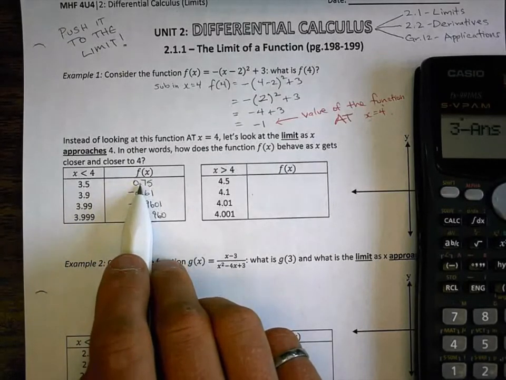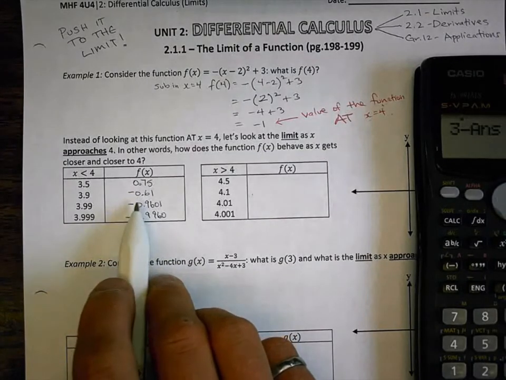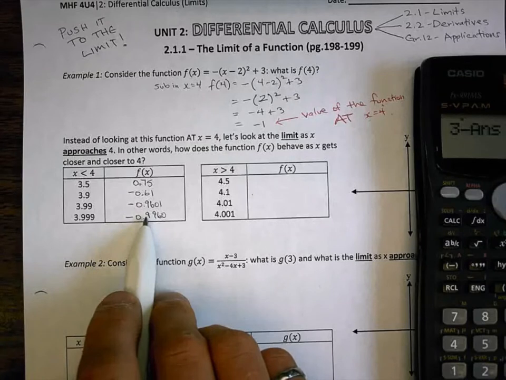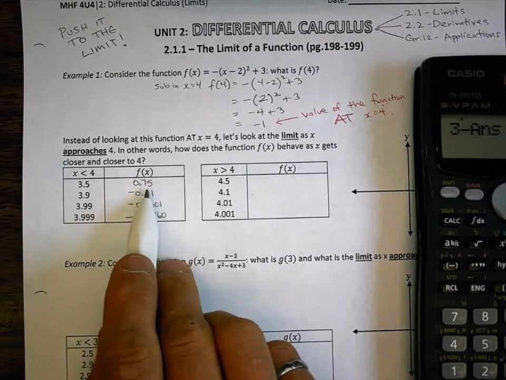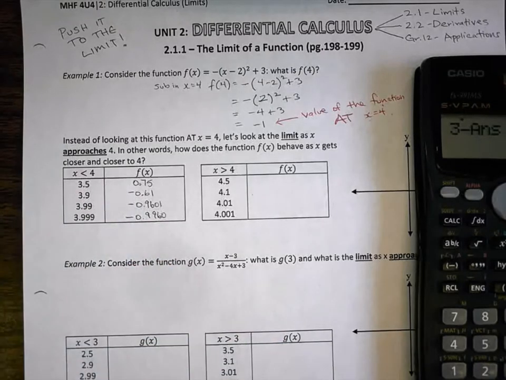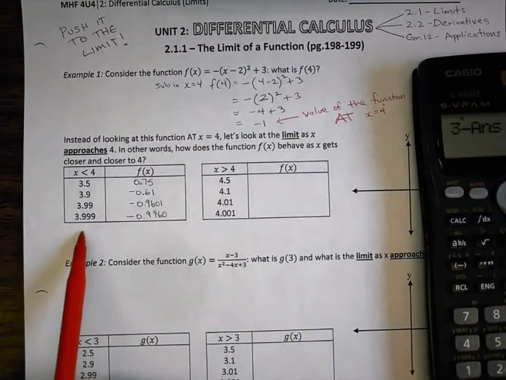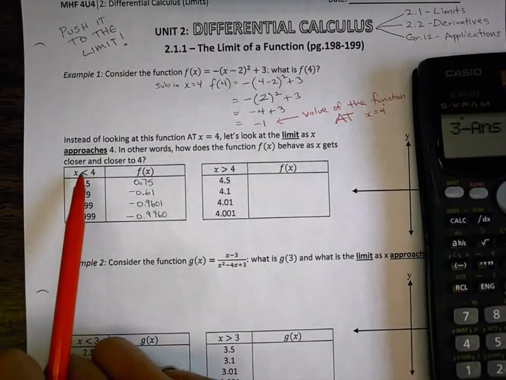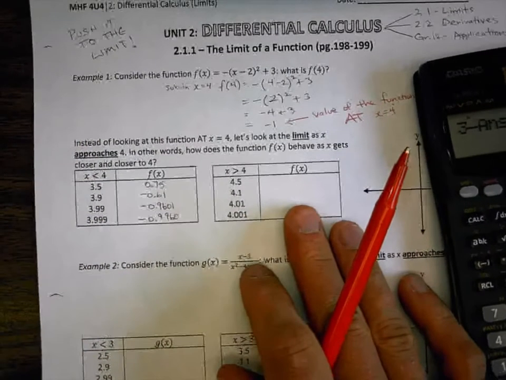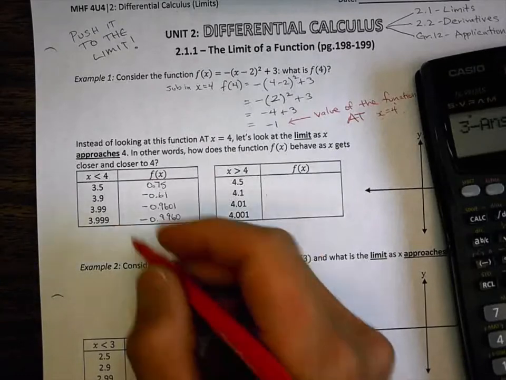Well, it starts at negative 0.75, then goes to negative 0.96, negative 0.99. So it's getting closer and closer, it looks like, to negative 1. I don't know what happens at x equals 4, but it looks like as I get closer and closer, the function is going to be negative 1 when it gets to x equals 4.